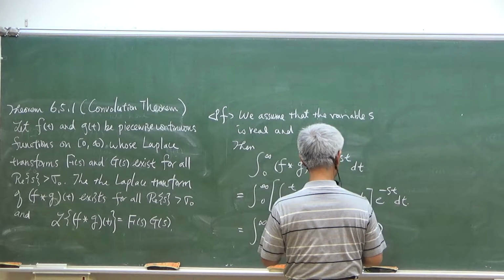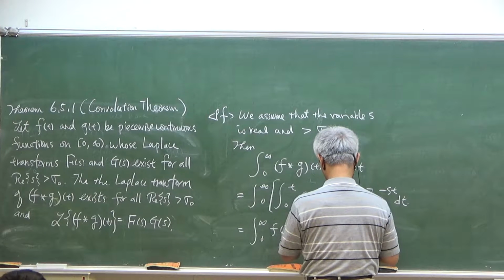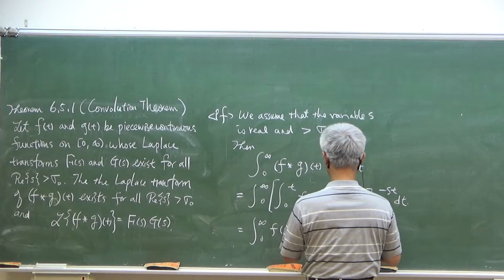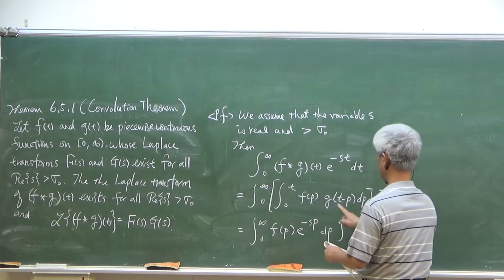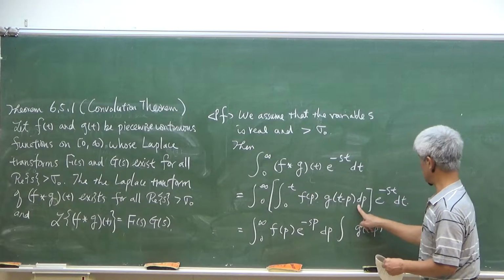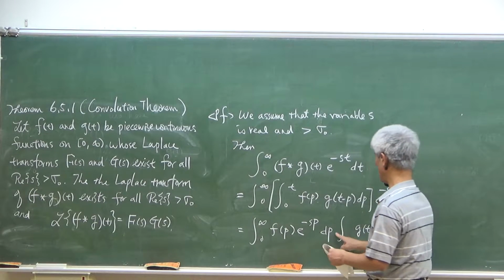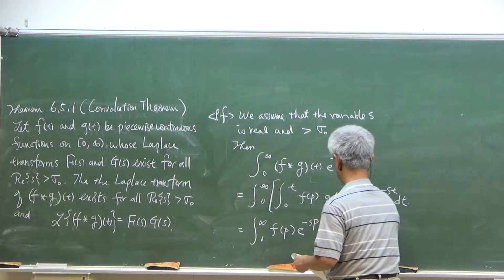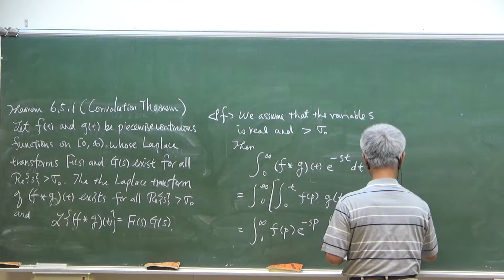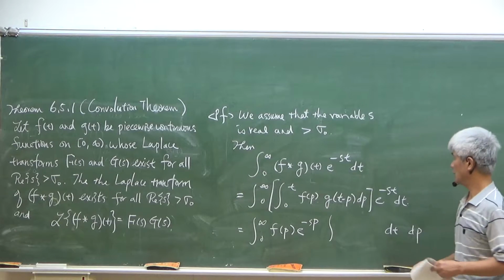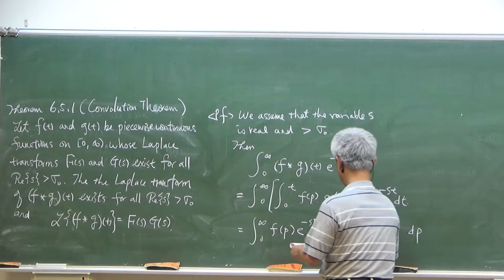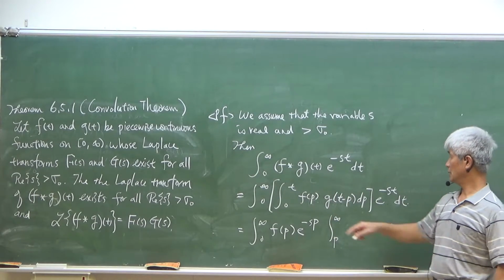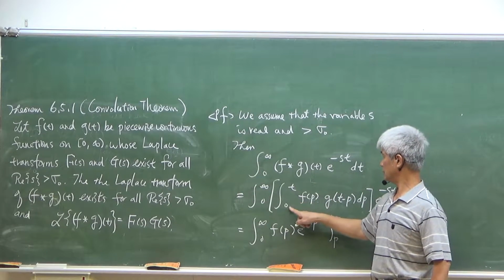So in here we integrate over p first and then t, right? But now we want to integrate over t first and then p. The integration, as we discussed before, here is from 0 to t.